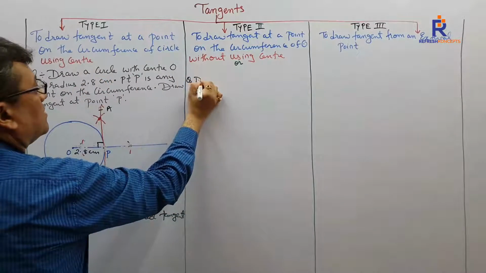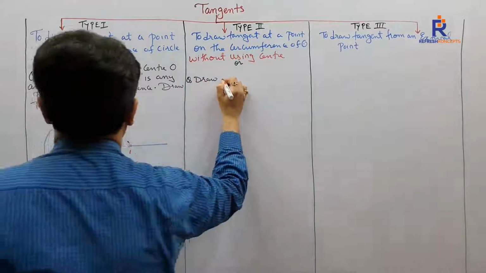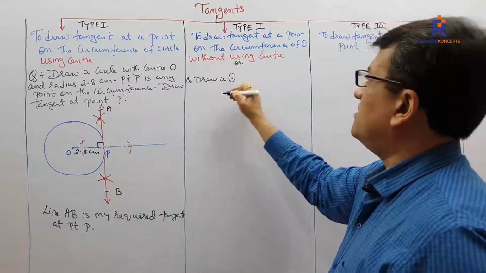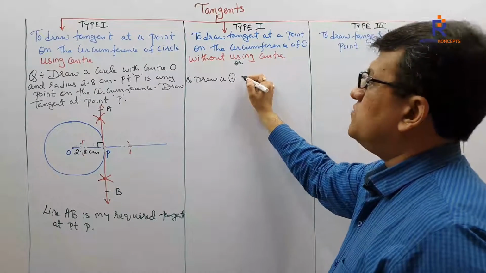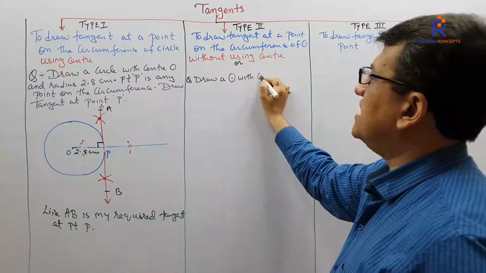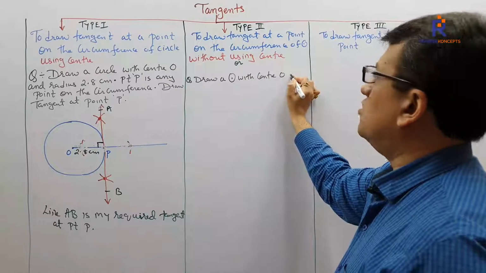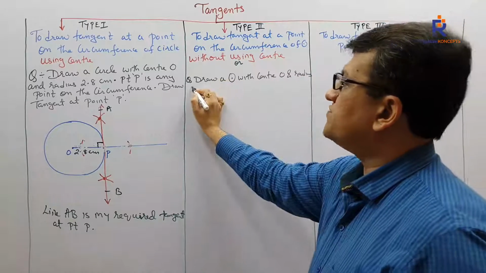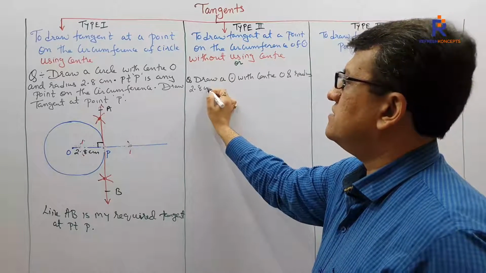again, draw a circle. I'm writing a bit short, in a shortcut way. We have less space. Draw a circle with center O, and radius again equal to 2.8 centimeter.